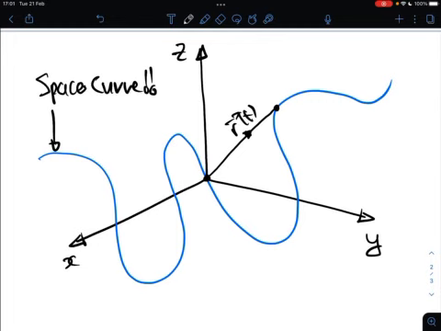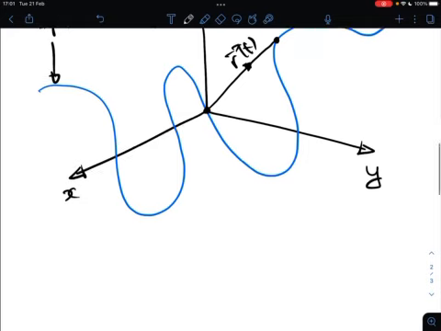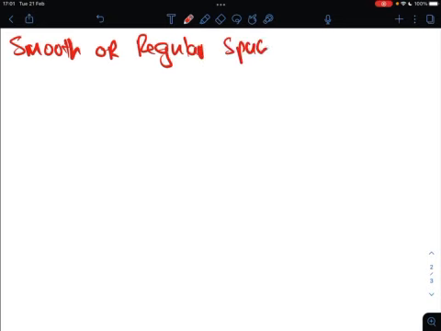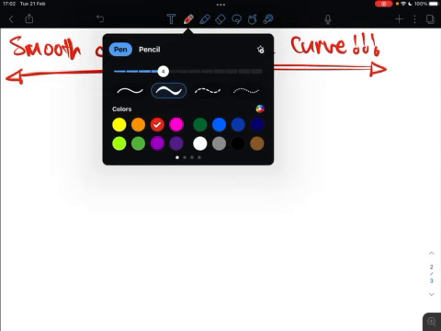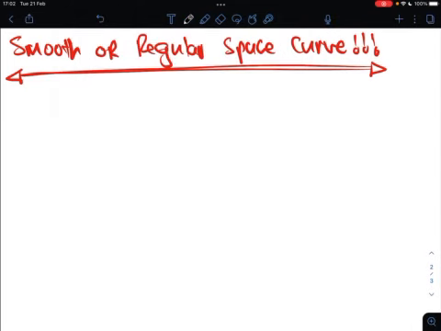So let's first understand what we mean when we say something is a smooth or regular space curve.